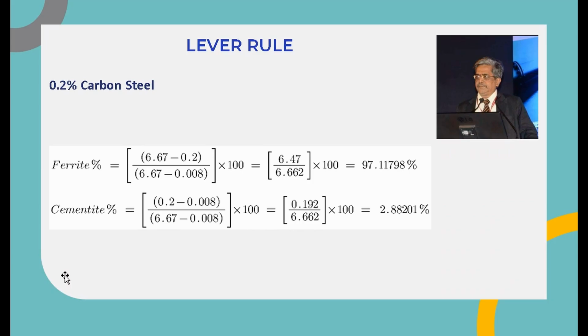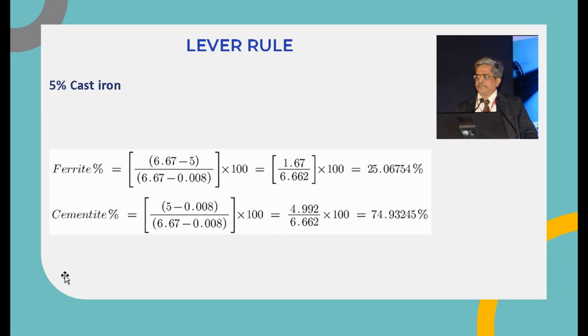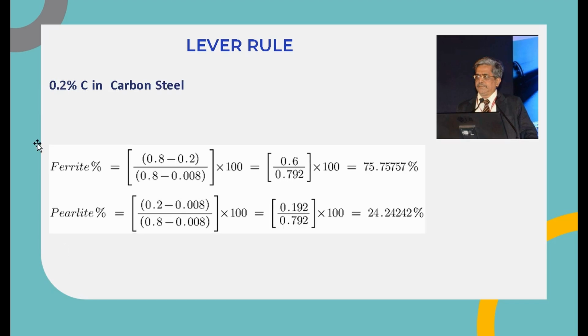You see here, ferrite percentage is 0.8 minus 0.2, the branch opposite to ferrite and touching perlite, divided by the total distance 0.8 minus 0.008, into 100 is the percentage.